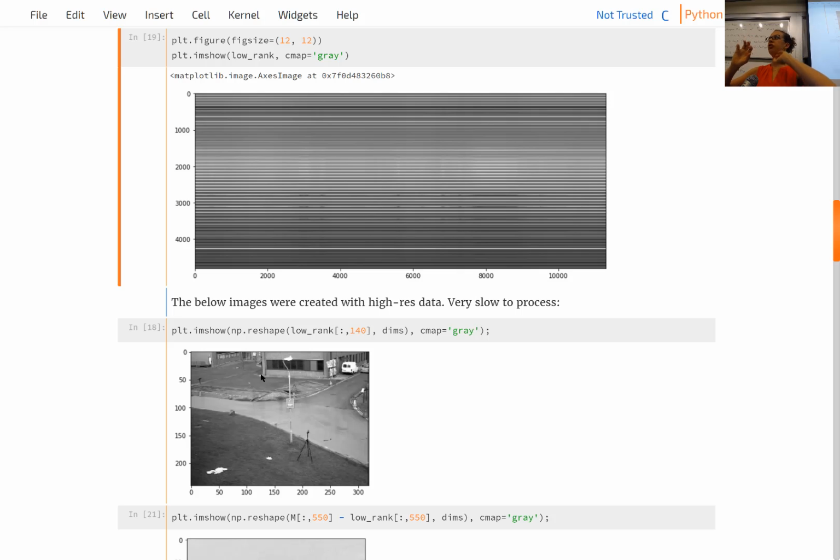There we're just trying to find this low rank matrix, and that's the background. The difference when we go to robust PCA is that now we're trying to find the low rank matrix and the sparse matrix. So we're actively looking for the foreground. Initially, when we just did SVD, we were just looking for the background, and whatever's left over must be foreground. Whereas with robust PCA, we're actively looking for both the background, which is low rank, and the foreground, which is sparse.